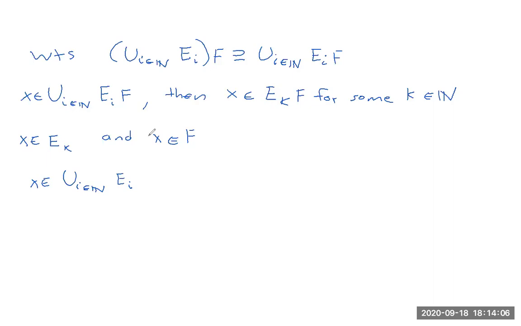We know that x is also a member of F. Then by definition of an intersection, x is a member of the intersection of this set of events.